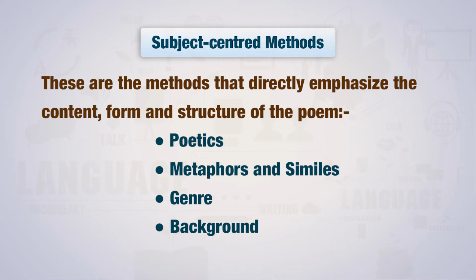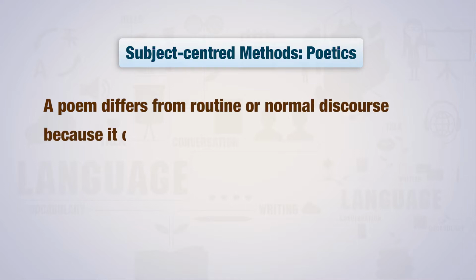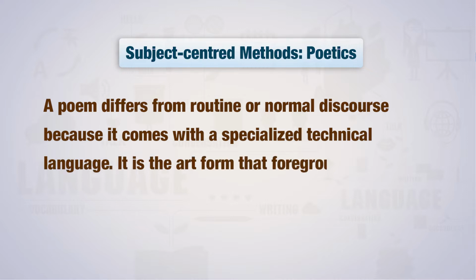Subject-centered methods are those that directly emphasize the content, form, and structure of a poem. For example, when we talk about the poetics of a poem, we must remember that a poem differs from routine or normal discourse because it comes with a specialized technical language.